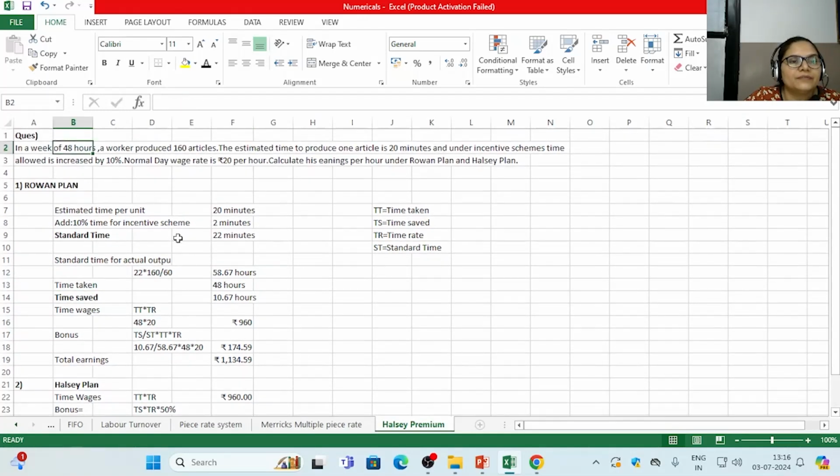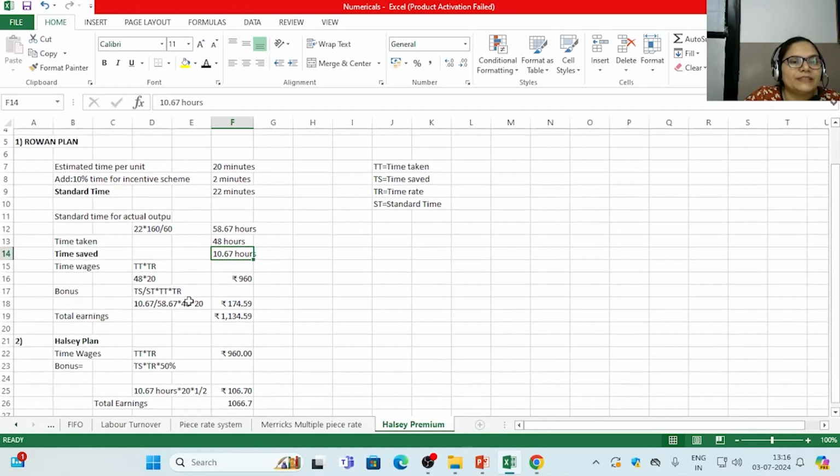We have actually converted this figure into hours. Standard time was 58.67 hours, so time saved is 10.67 hours. We have calculated a standard time for actual output, which is necessary for arriving at more accurate figures.